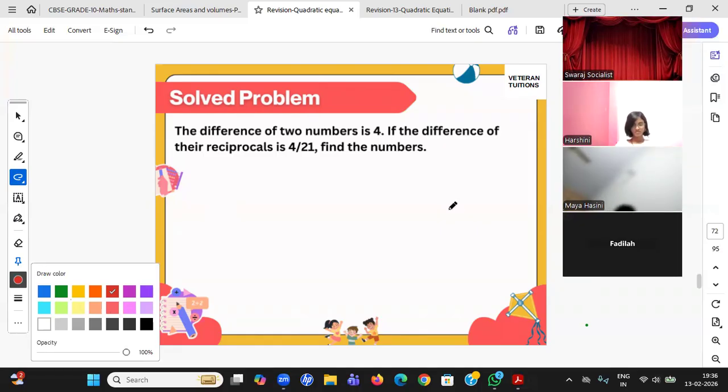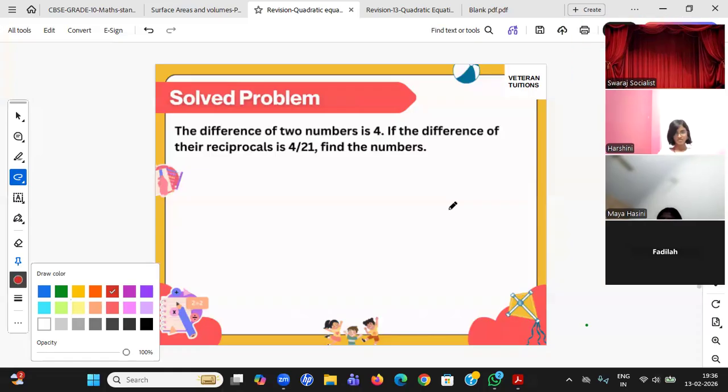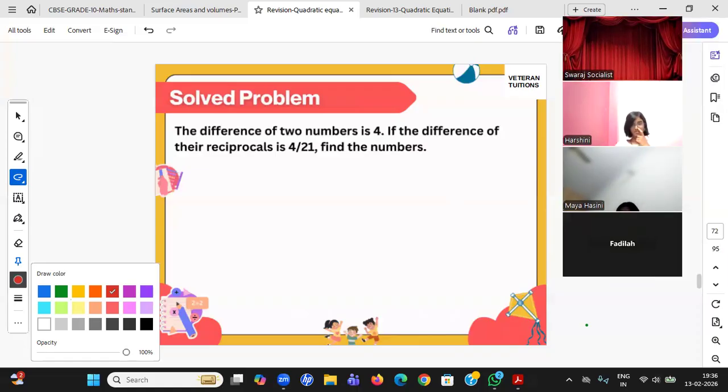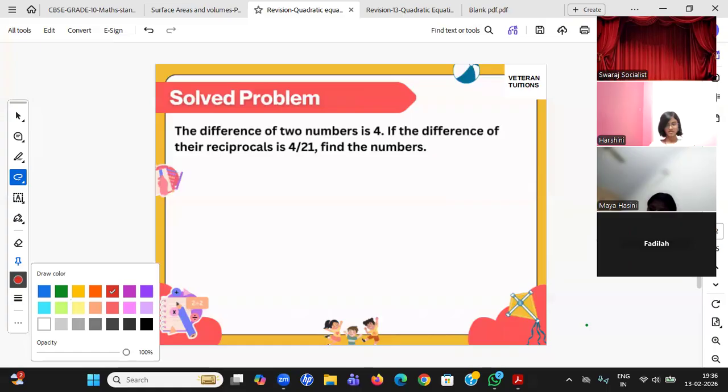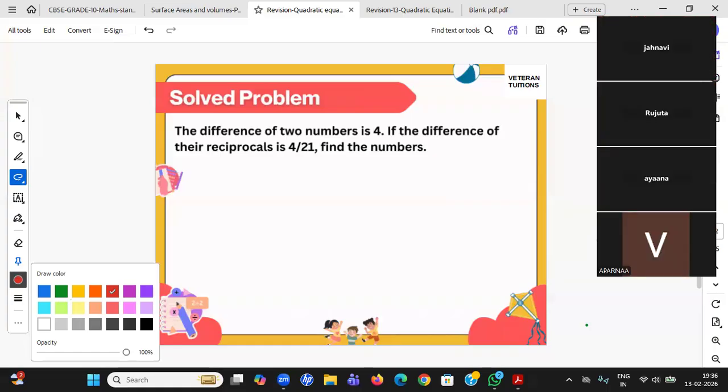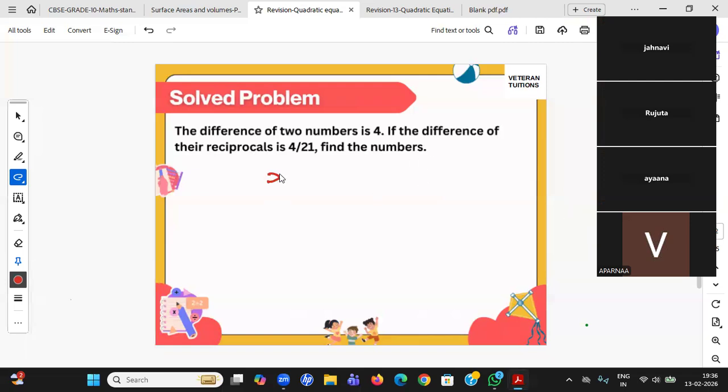Fadila, are you there? Then Jahnavi, how to start? We have to take the numbers as x and y. Two numbers are there. Okay, beta.